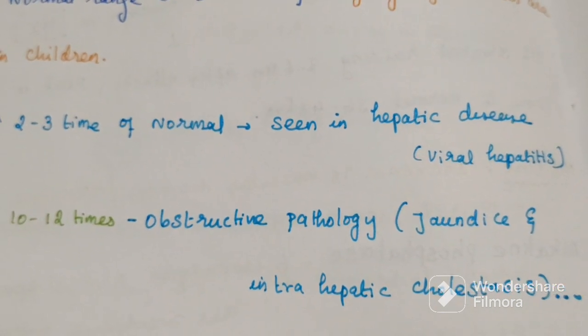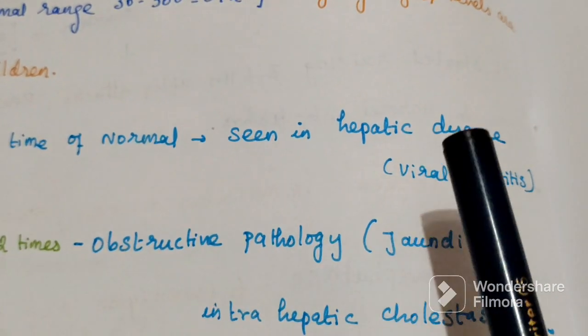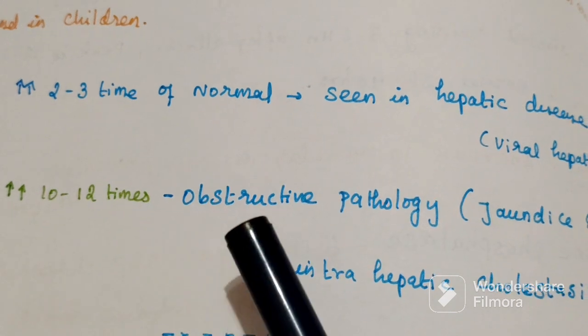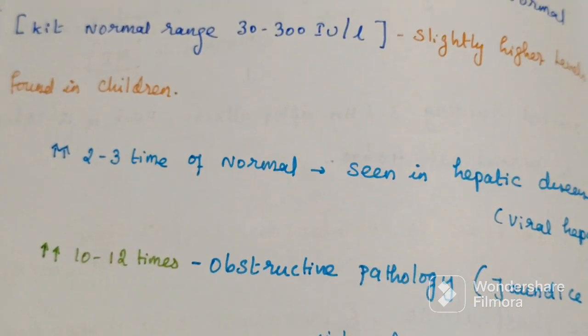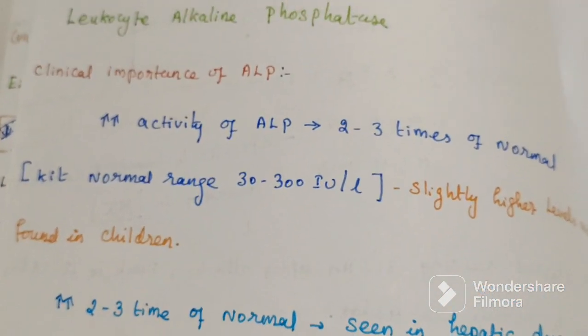An increase of 2 to 3 times normal means hepatic disease, while 10 to 12 times means obstructive pathology. So this is the clinical importance of alkaline phosphatase.